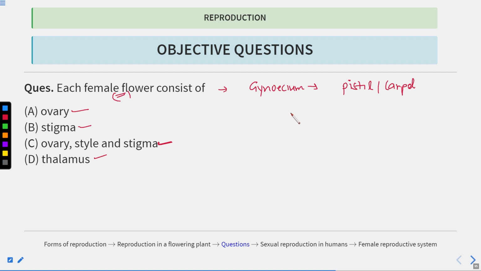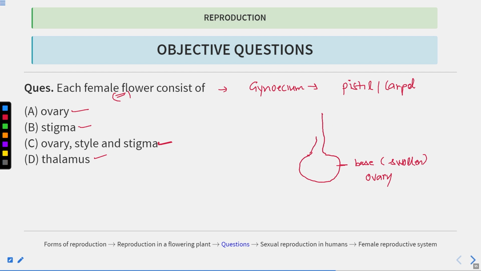Clear? So this pistil has 3 components. The swollen, okay, this is the base which is swollen. And this is known as what? This is known as the ovary. So the swollen base is known as the ovary.